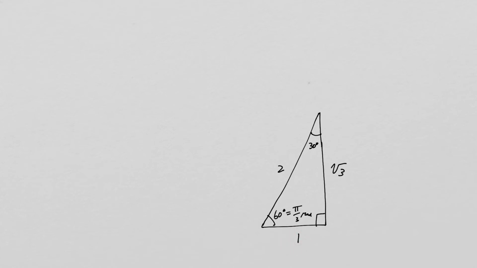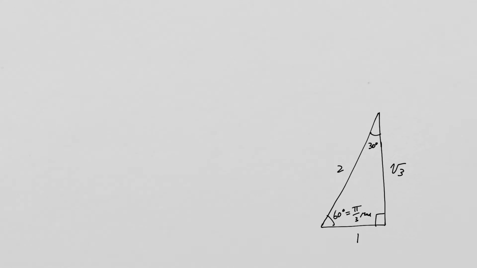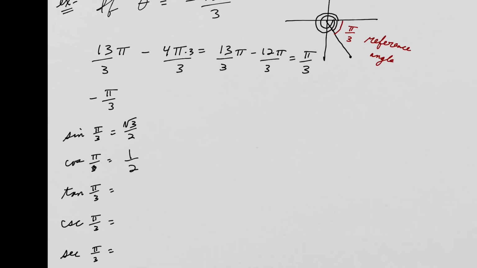So 1 is adjacent to the pi over 3 angle, over hypotenuse. So it's 1/2. And then tangent is opposite over adjacent, or it's sine over cosine, however you want to think about it here. If I just think of it as opposite over adjacent, it's going to be radical 3 over 1. So this is just radical 3.